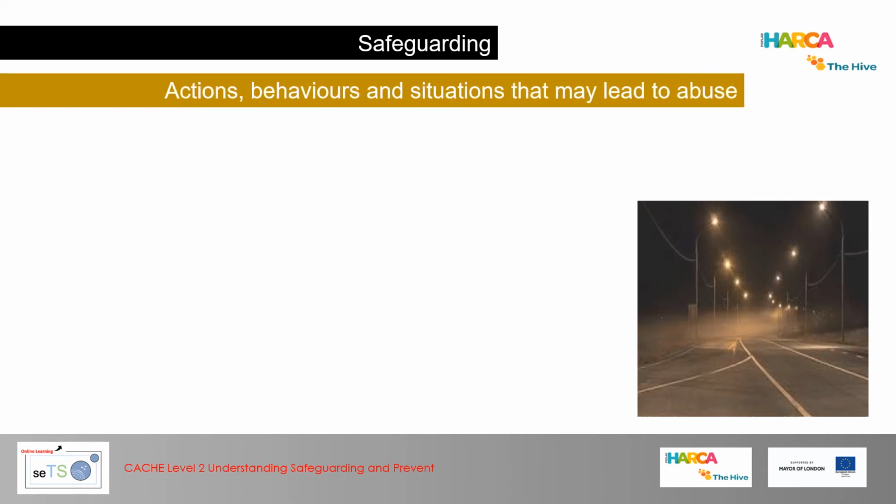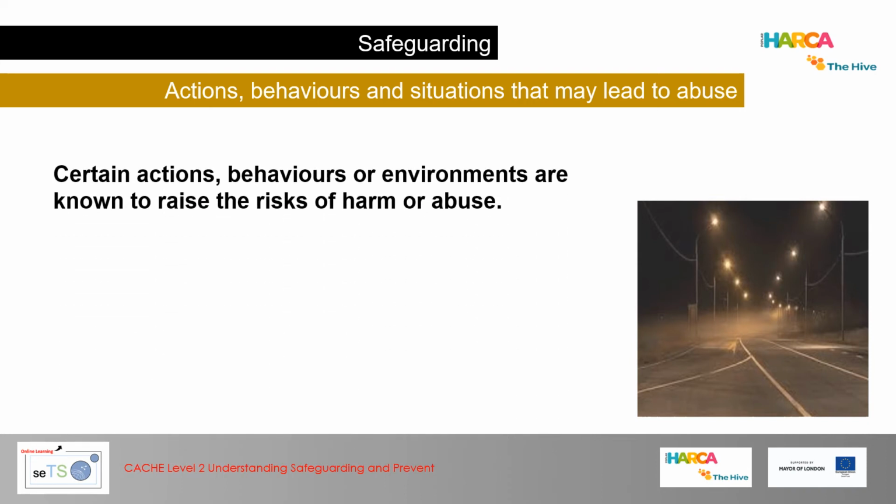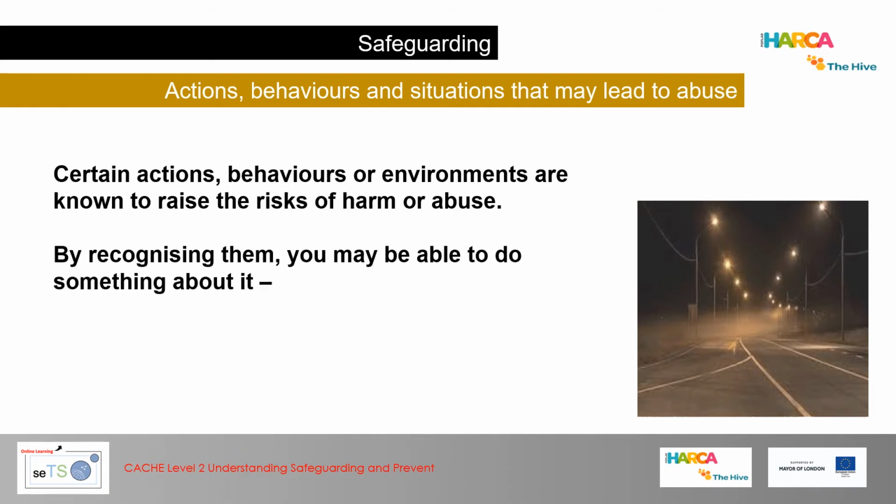Actions, behaviours and situations that may lead to abuse. Certain actions, behaviours or environments are known to raise the risks of harm or abuse, and by recognising them you may be able to do something about it.